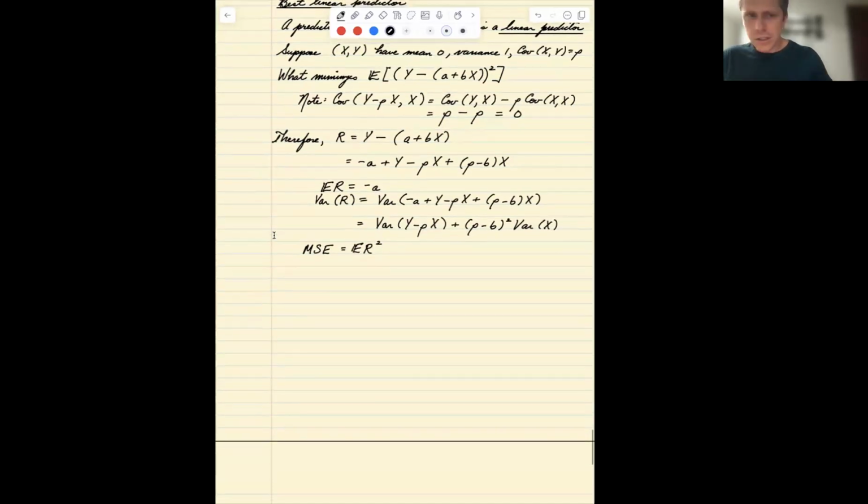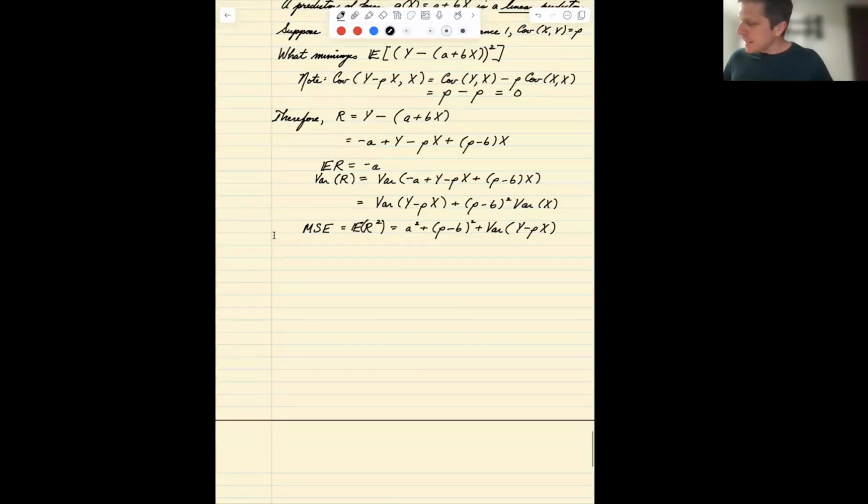Well, the expectation of R squared is a squared plus rho minus b squared plus the variance of Y minus rho X.